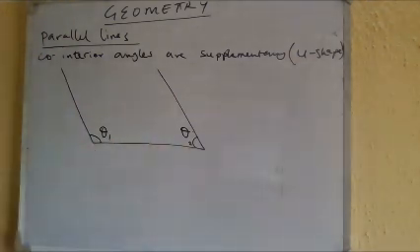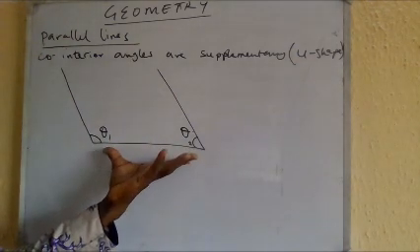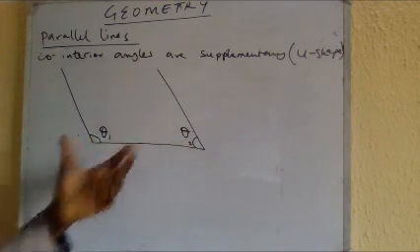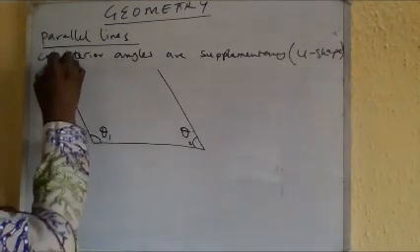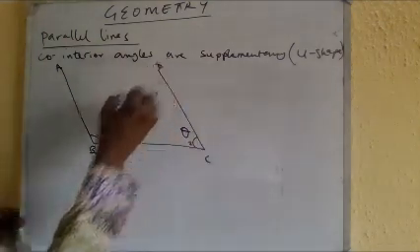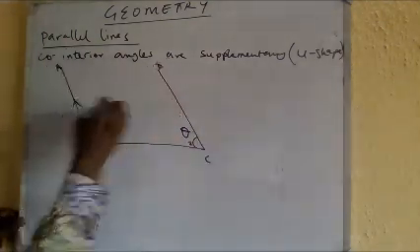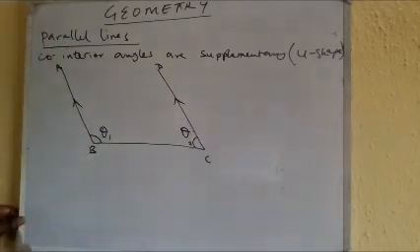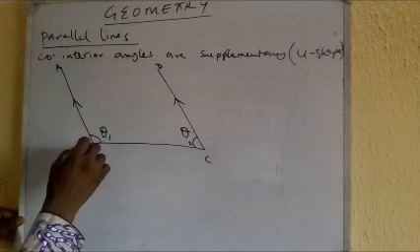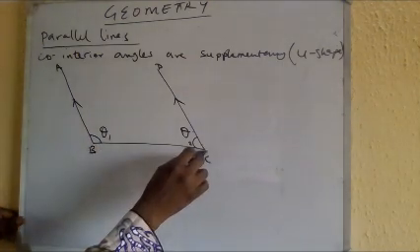How do you get to the point where you see this and call it co-interior angles? If you see a shape where I call the points A, B, C, D, and line AB is parallel to line CD, that's number one. Then I have a line joining the end of AB to the end of CD. Understand?